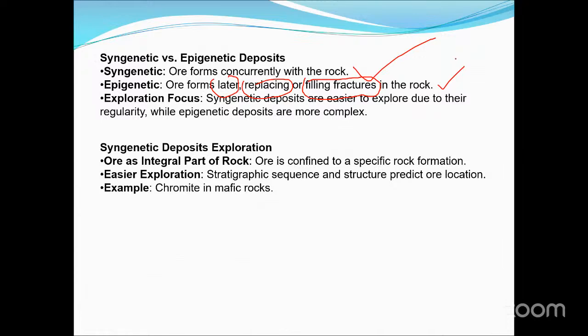Because of these regularities, syngenetic ore deposit exploration is easier than epigenetic. The best example is chromite in mafic rocks. These are the best examples for syngenetic deposit exploration.